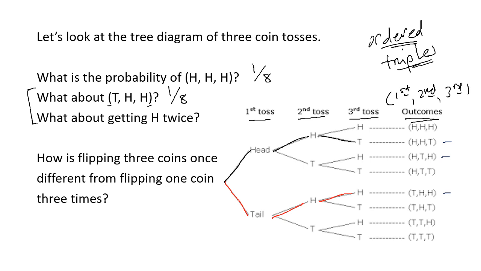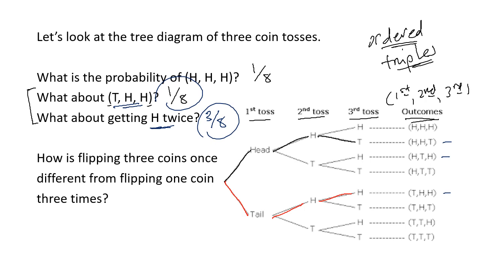So there's 3 ways of doing it out of 8. So again, the difference between these two questions is how much we remember and understand about ordering being important. This tails, heads, heads is only one case. This getting heads twice is 3 different cases. So it's a very subtle difference in the language, but it's a very big and important difference in the mathematics.